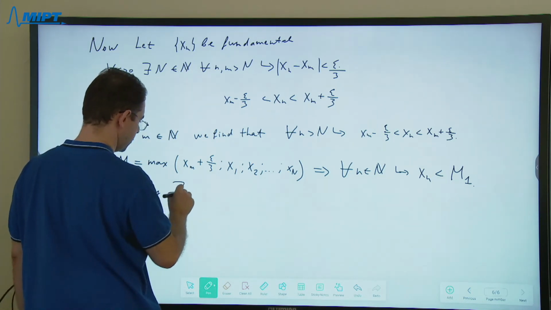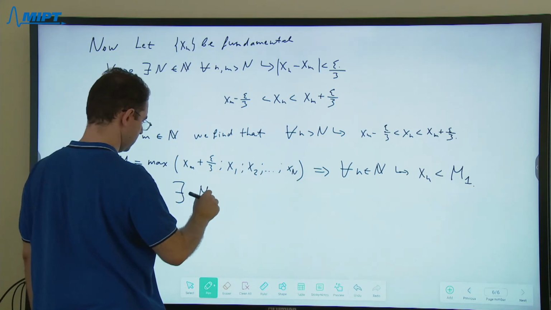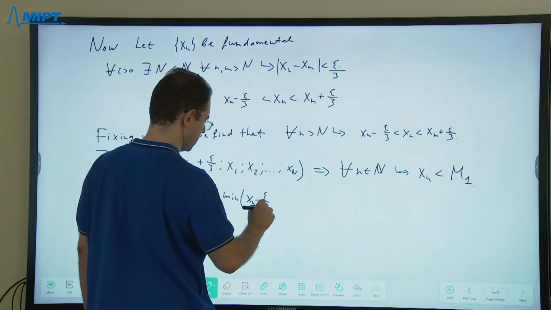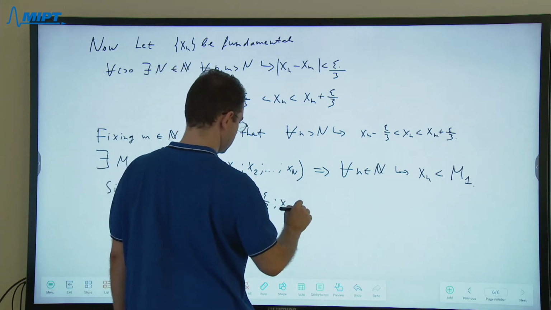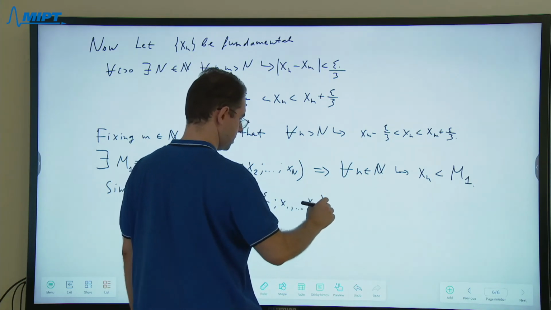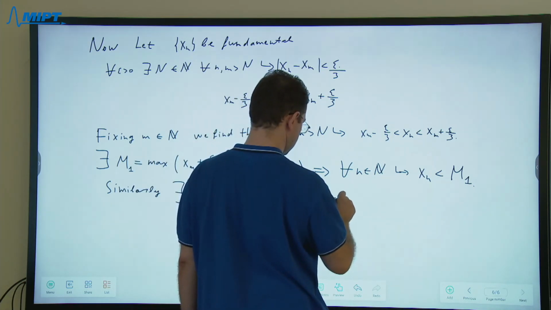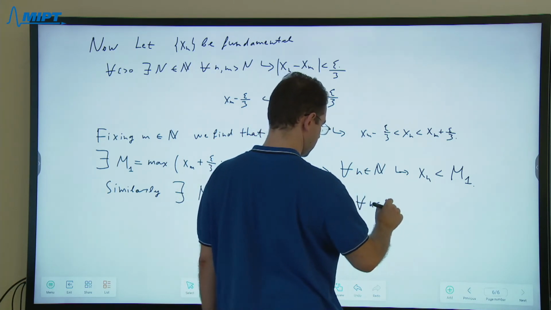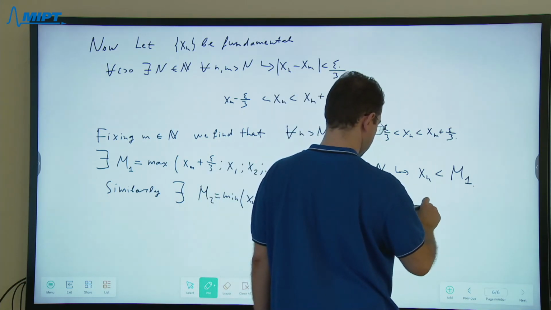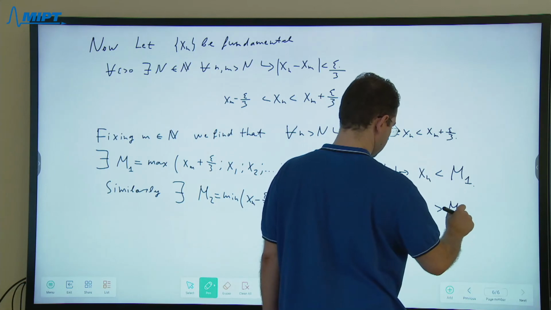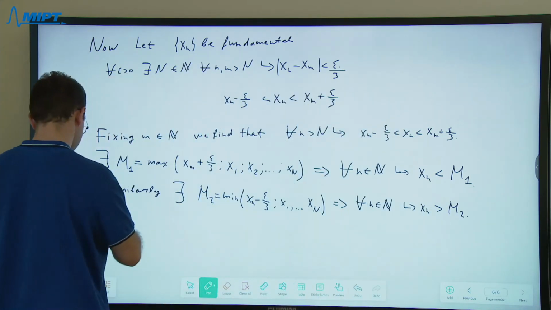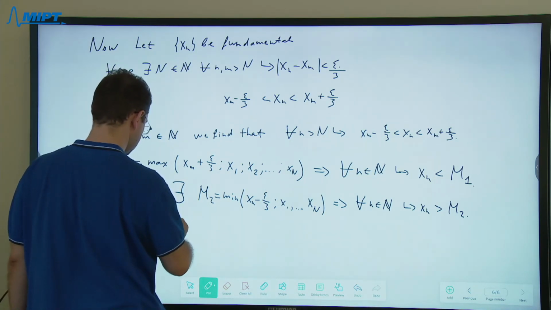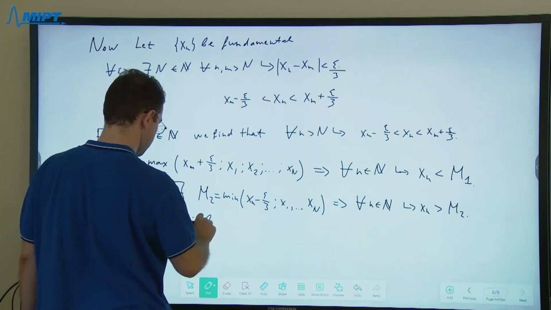Similarly, there exists a number M2 that is a minimum of those numbers, such that for any n, xn is greater than M2. Hence, the sequence xn is bounded.